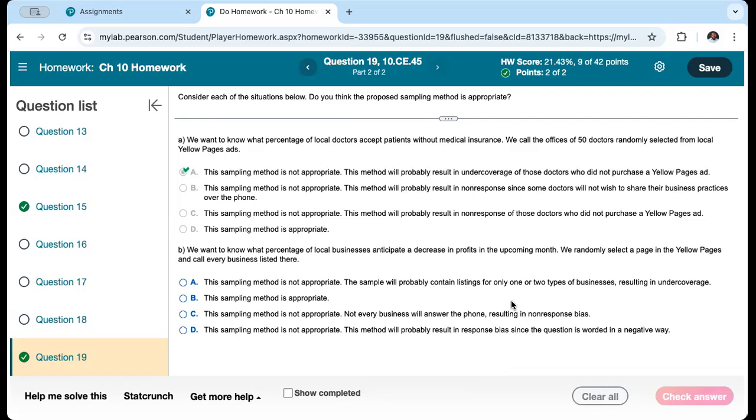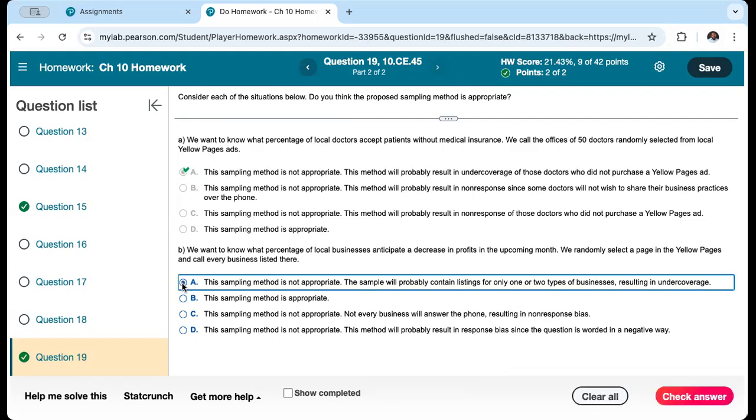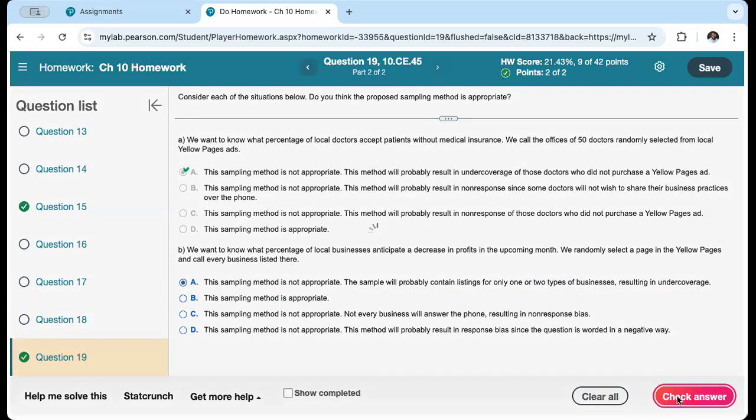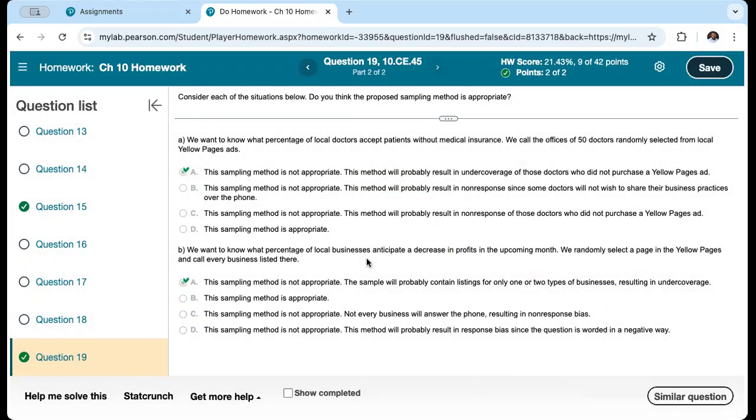But we are not privileged to know the questions in the survey. So A would be the best answer because if your business is not listed in the yellow pages ads, you won't be called. Does that make sense? Yep. So that is all for this chapter.